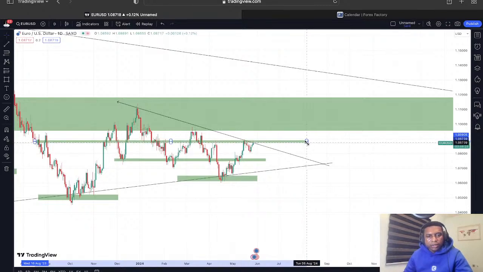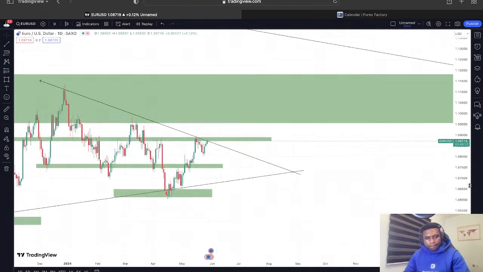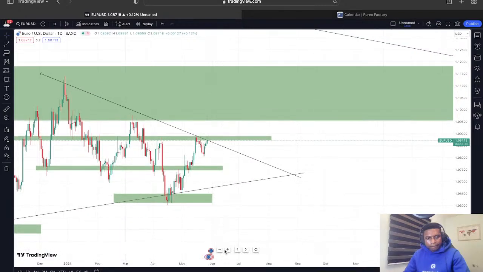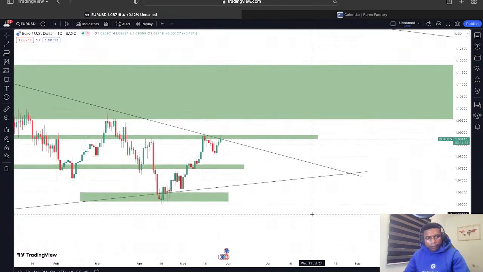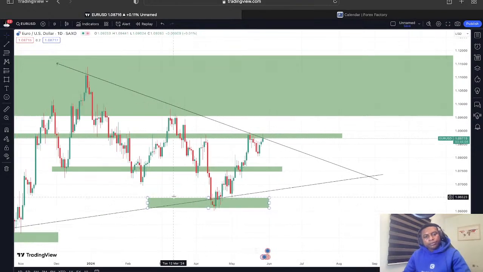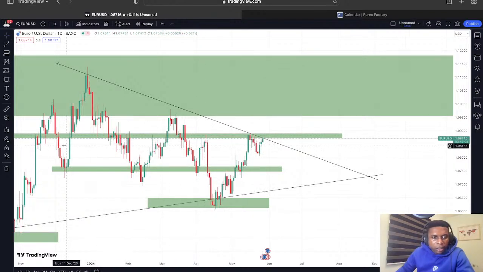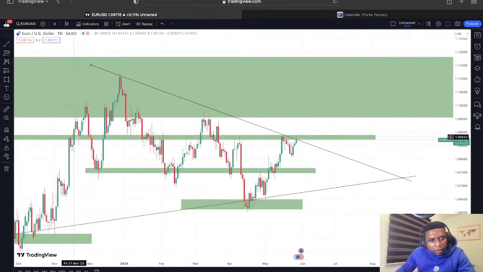Okay, there is a minor zone. Let me zoom in. Good. So we can see that there is a minor resistance zone here.